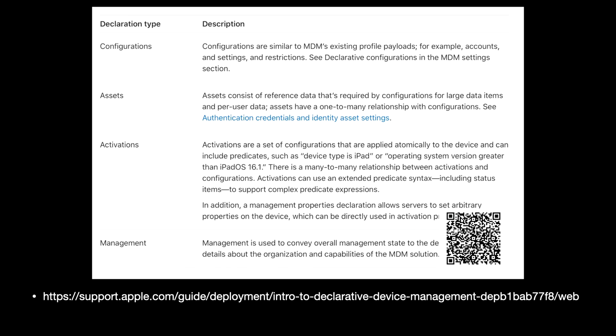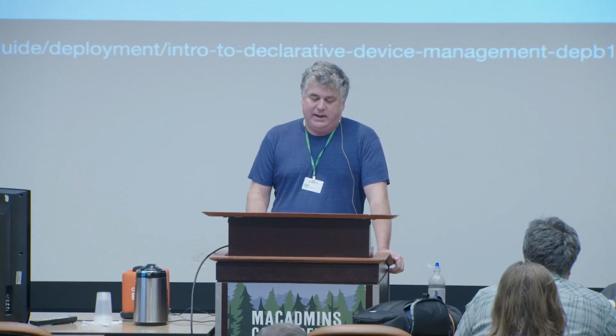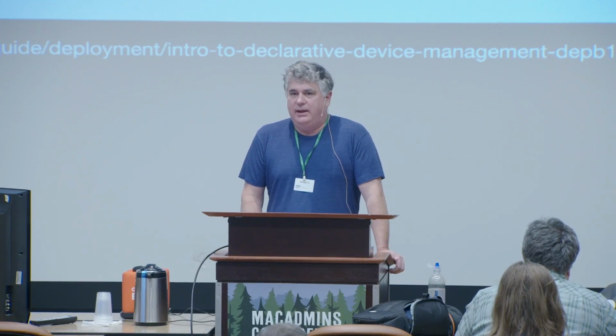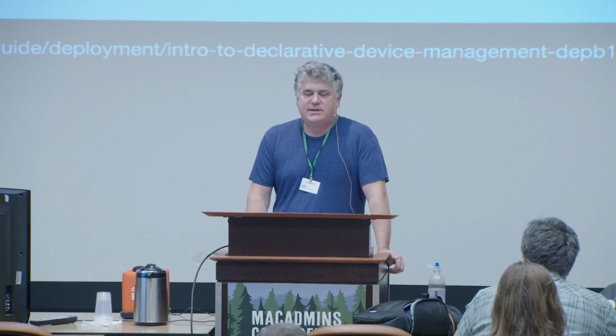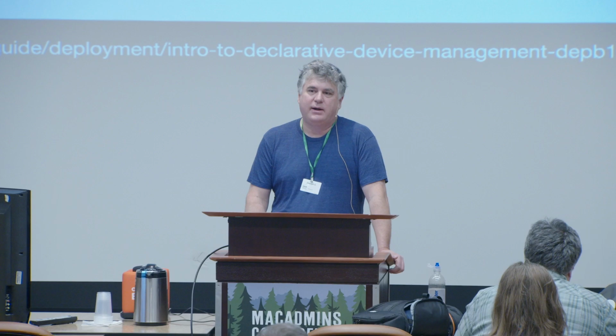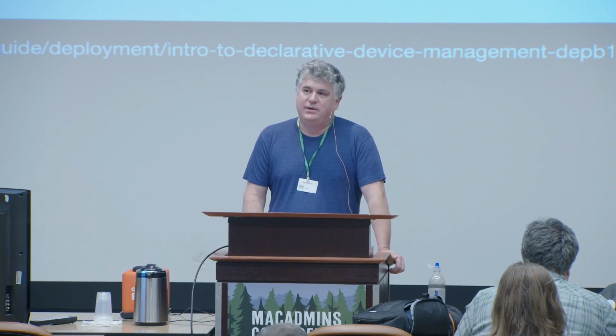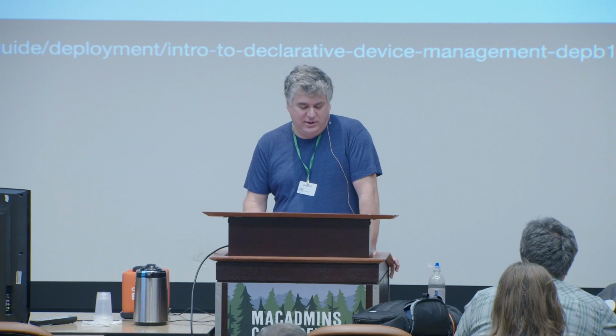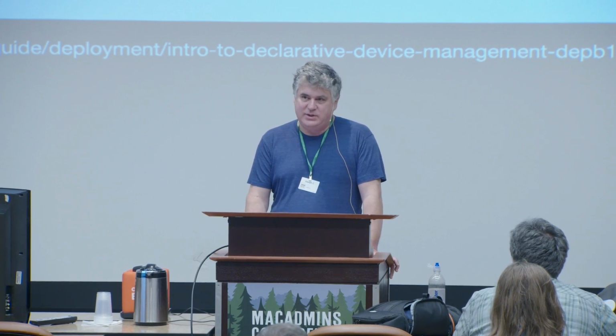Assets are collections of data that you can asynchronously download from a resource within a configuration and install on the client. And that's the mechanism behind the service configuration files that they announced last year, where you can lay down config files into a SIP-protected directory. And this year, they're expanding that to include launch daemons and executables, which is pretty nice and will be interesting to play around with.